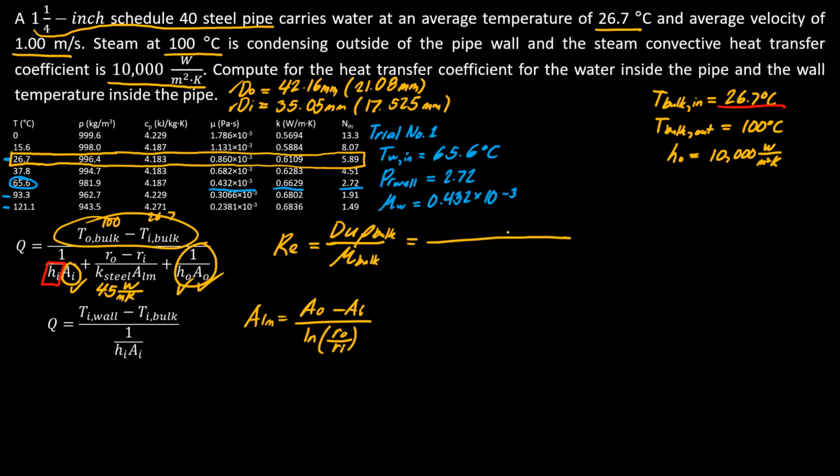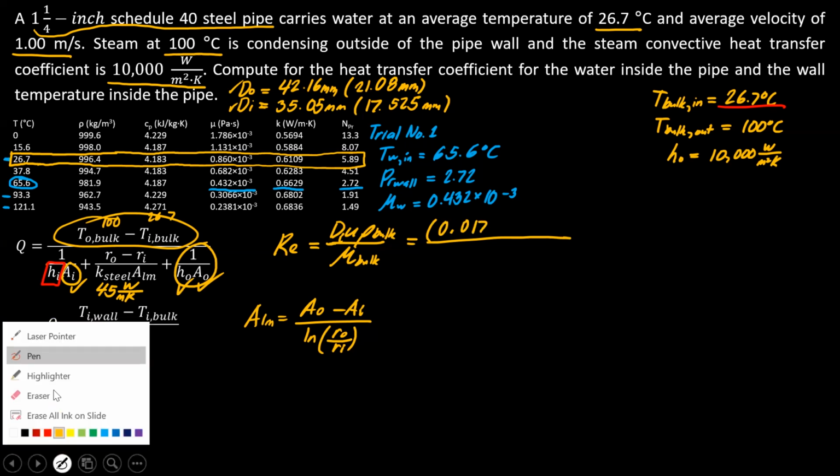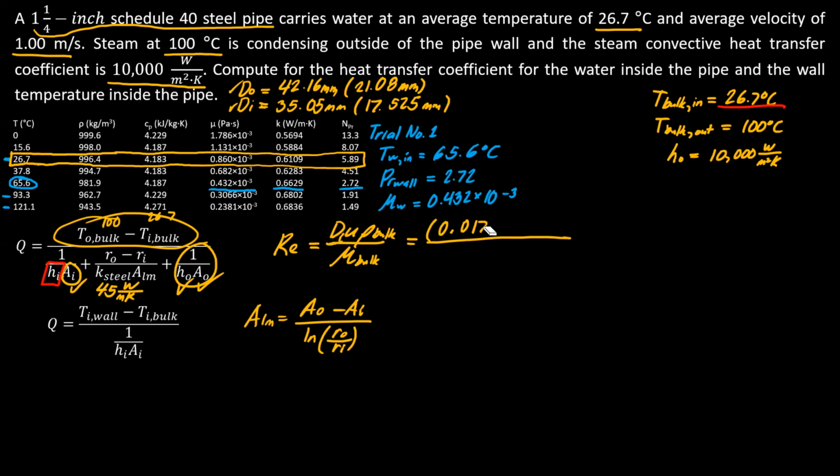Now let's see what the Reynolds number is. So this should be the inside diameter. For the Reynolds number, the diameter inside should be 35.05, the inner diameter.